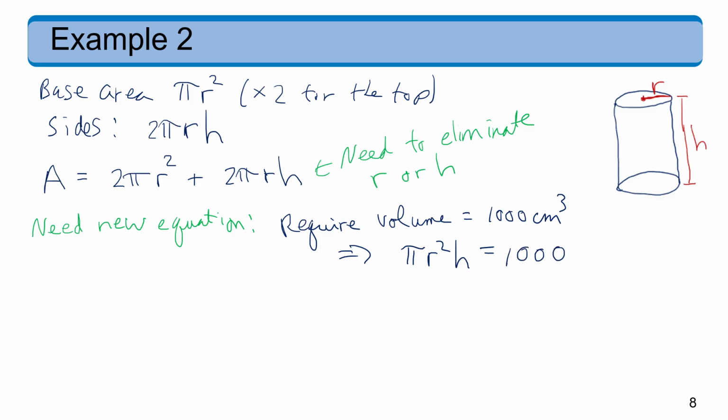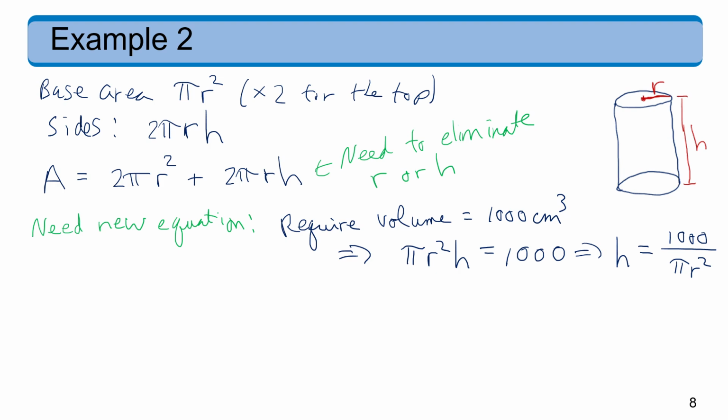So now we have our new equation, and remember what we want to use it for is to somehow plug it back in here to get rid of either r or h. So that means we can solve it either for r or h, and then whichever one you solve for, substitute it in back here. Now looking at this equation, it's going to be easier to solve for h, right, because the r is squared. So I'm going to choose to solve it for h. So h equals 1,000 divided by pi r squared.